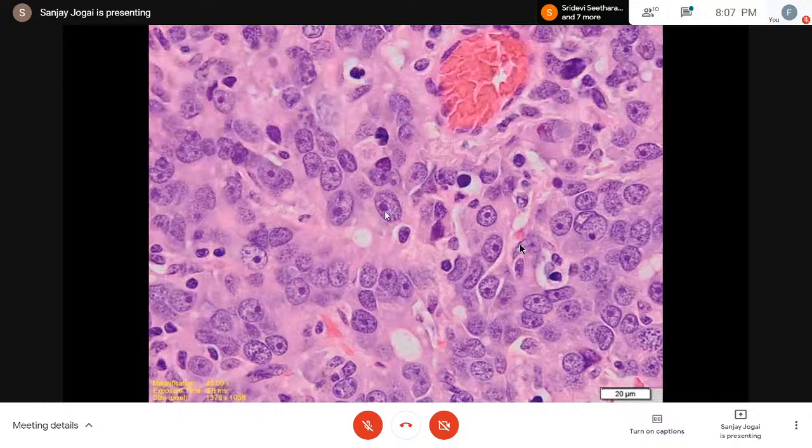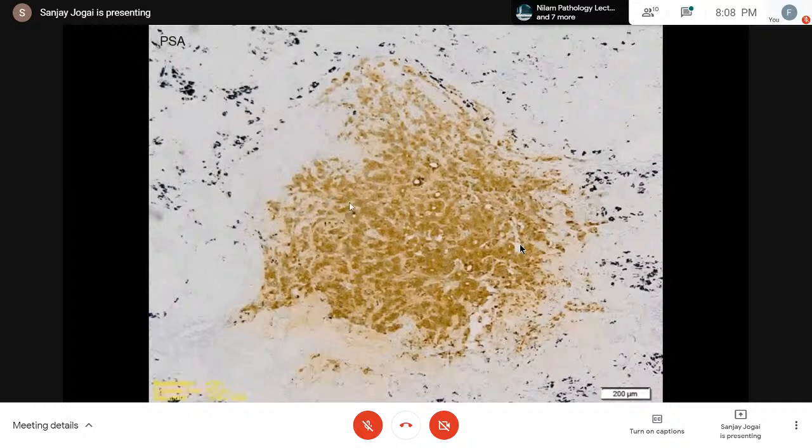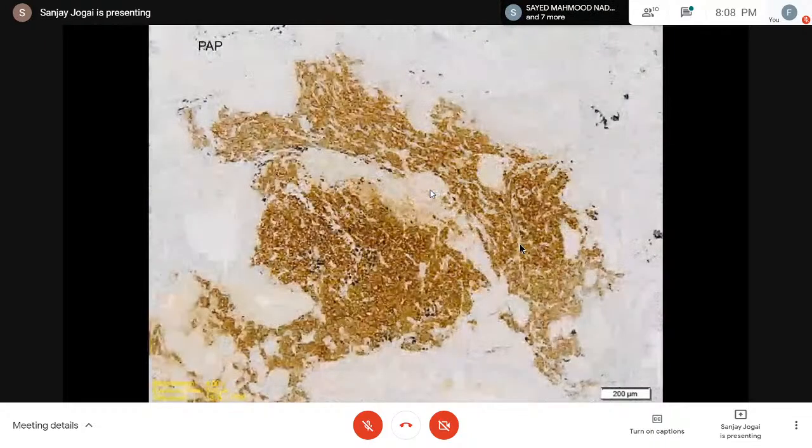They are prominently nucleolated. This is a very high power, so they look very atypical. But otherwise, the chromatin pattern, the rounded, very sharp outlines of the nuclear membranes, almost like you can draw it with a pencil. And this is a PSA on a section from the lung. And you can see that area is very nicely highlighted by PSA staining.